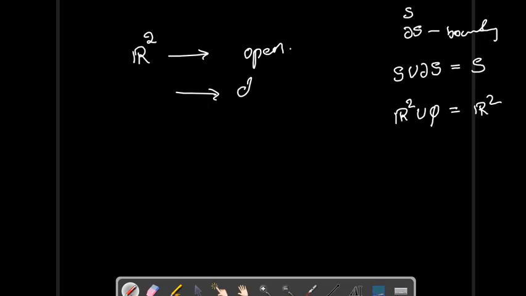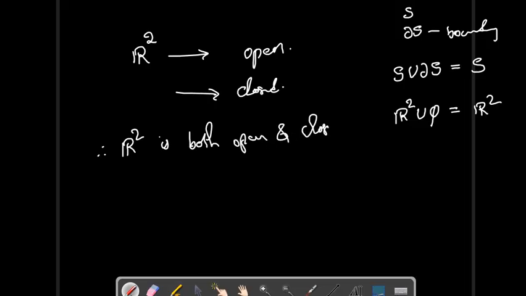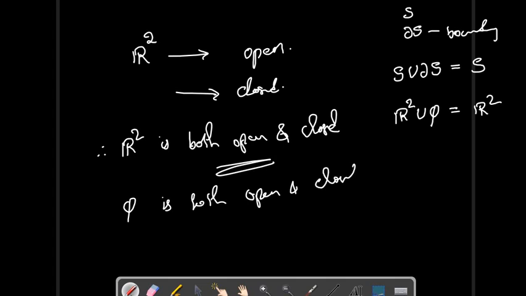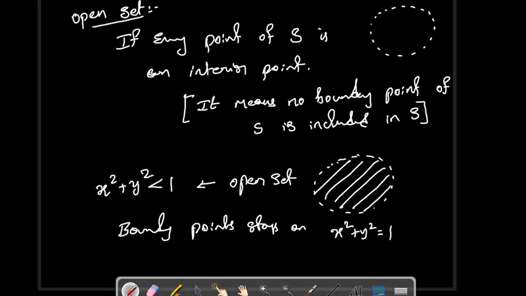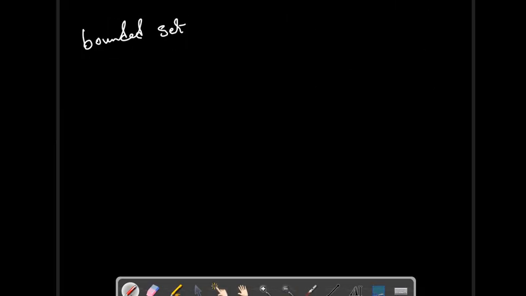Therefore, this is closed. So you can say that R2 is both open and closed, and also the empty set is both open and closed. This is how we define open sets and closed sets.